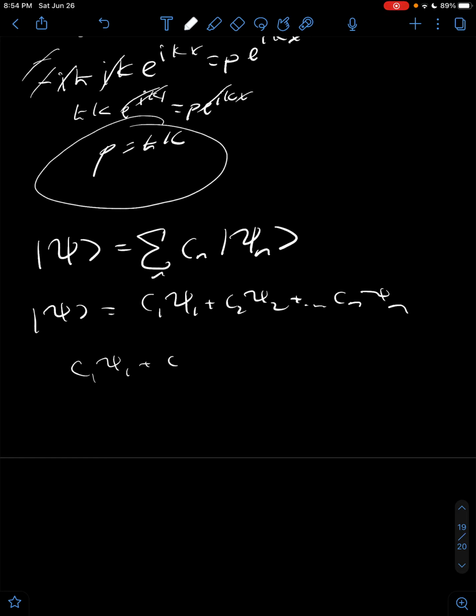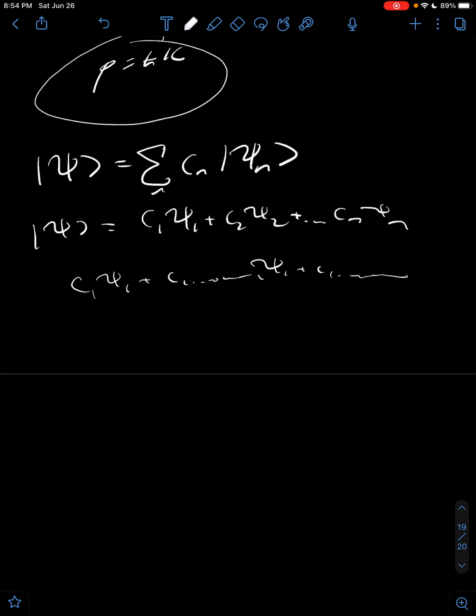So we'd have C1 psi 1 plus C1.00001 psi 1 plus and so on. The separation of your intervals is not an integer, it's an infinitesimal, right? So this sum takes the form of an integral. Sorry if that's a bit sloppy.